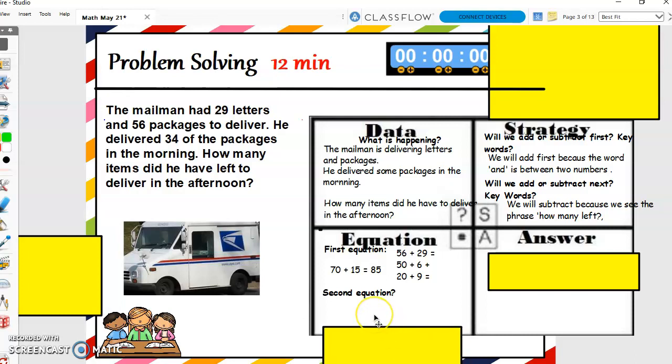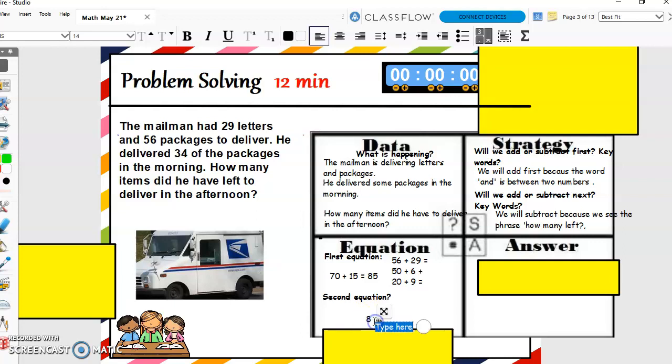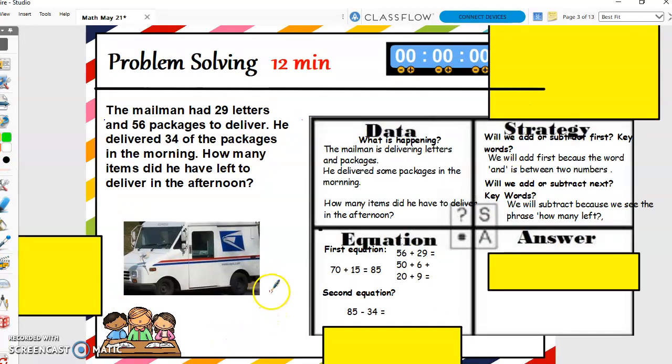So we're going to put 85 minus 34. Sorry, I lost my number. 85 minus 34 equals, and I'm thinking on this one we could just do this vertically.